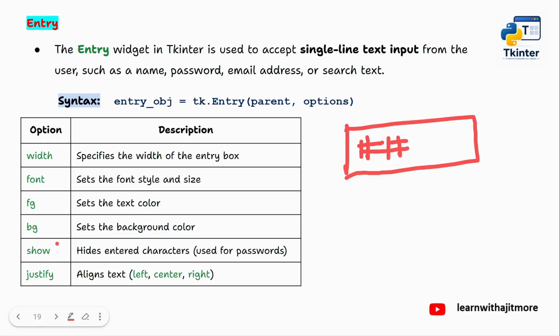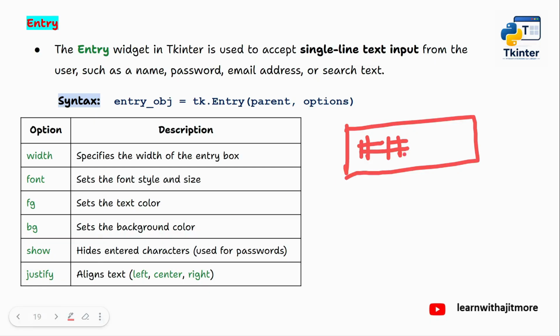And whatever character you give to show, that will be seen over there. So it hides entered characters, used for passwords. If I give show equal to double quote hash, then whatever you type, it will show hash. So the characters you are typing are getting hidden. Instead, it is showing the character which you have given to show.